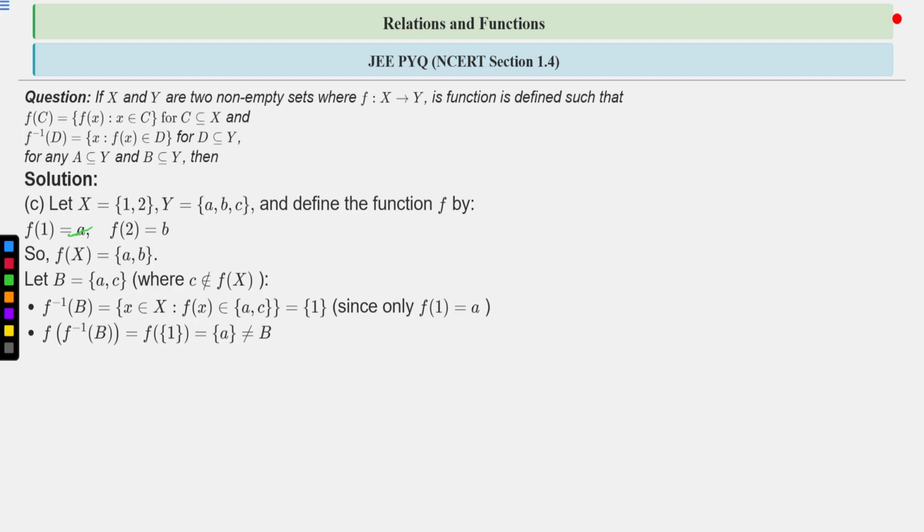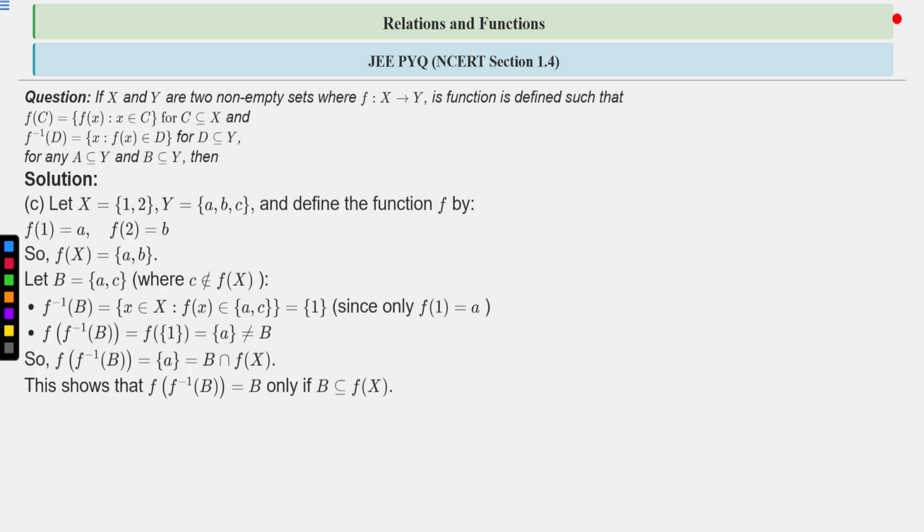Therefore, f of f inverse of B is equal to f of {1}, which is equal to {a}, and it is not equal to B, right? So we can say that f of f inverse of B is equal to {a}, which is B intersected with f(X).